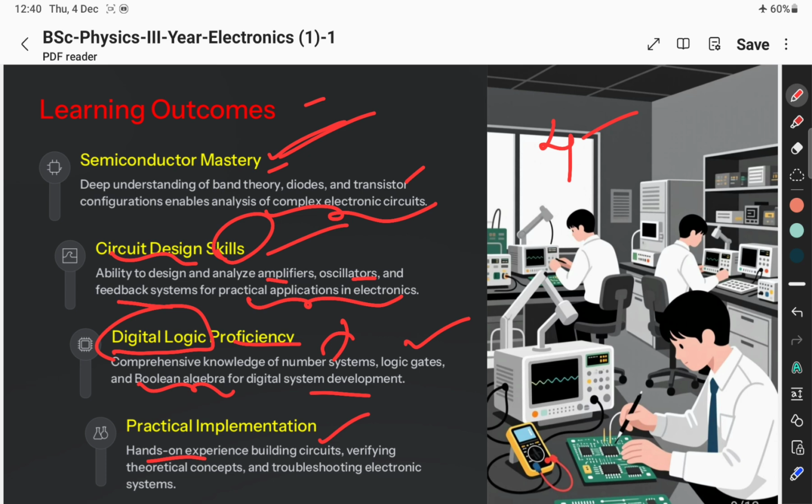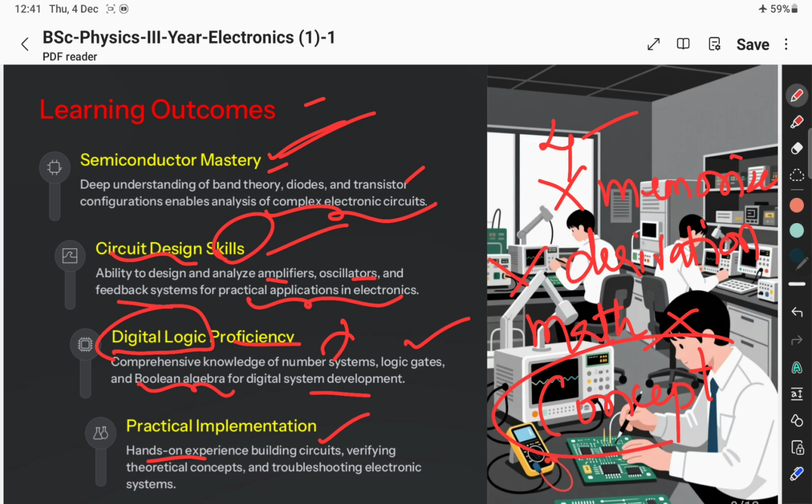You don't have to memorize anything. You don't have to do big derivations like in other semesters. Not much maths is included. No memorizing, no derivation, no heavy mathematical concepts, just understanding of the concepts in this sem. That's it.